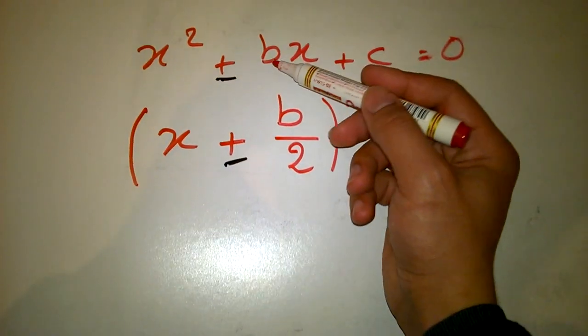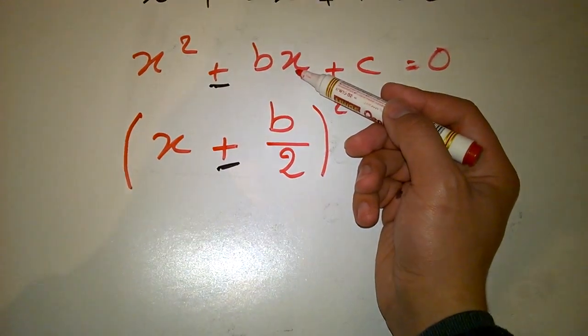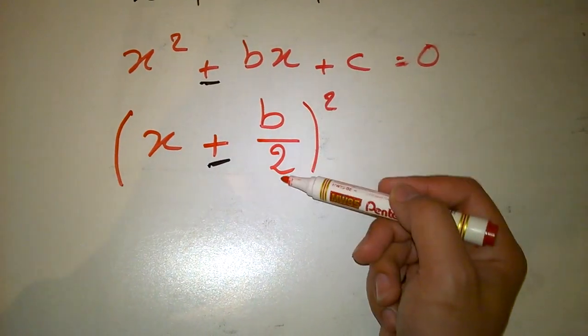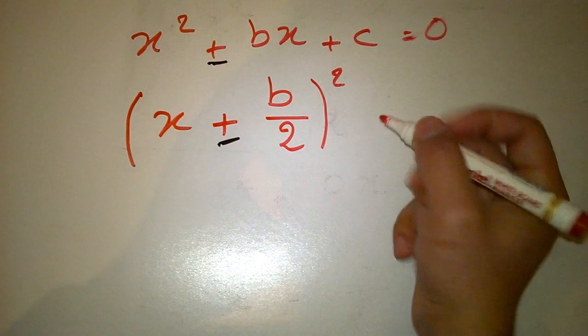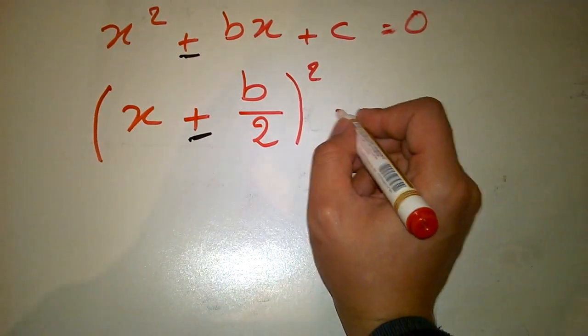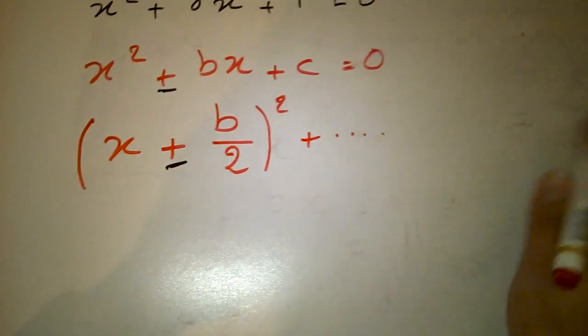So this b, the coefficient of x to the power of 1, you divide by 2. After that comes plus something, it doesn't matter.